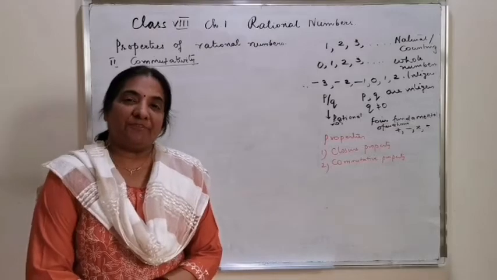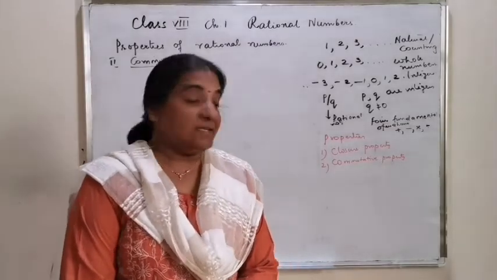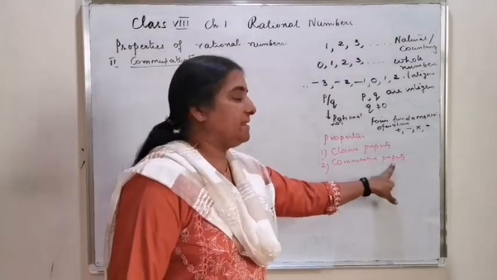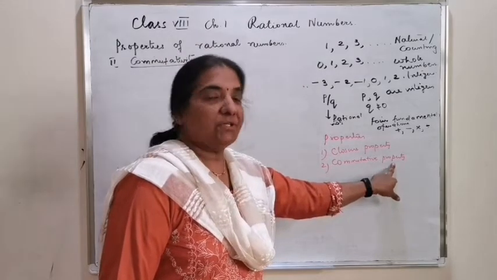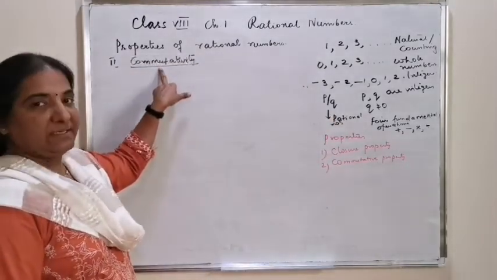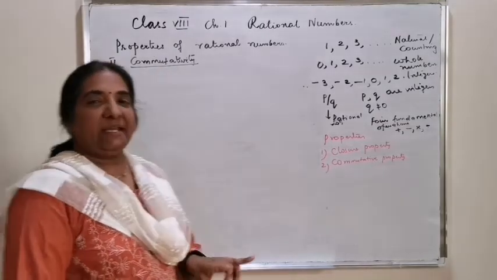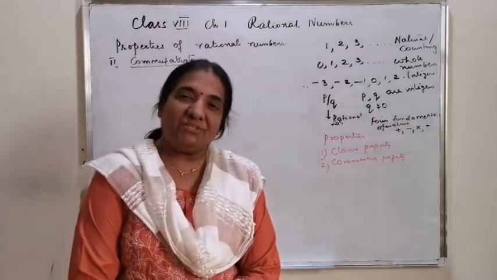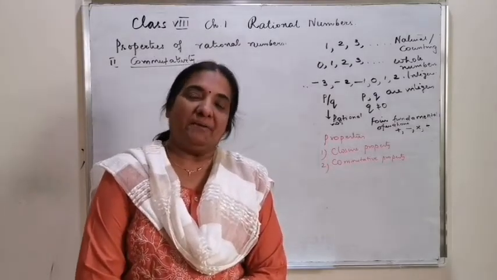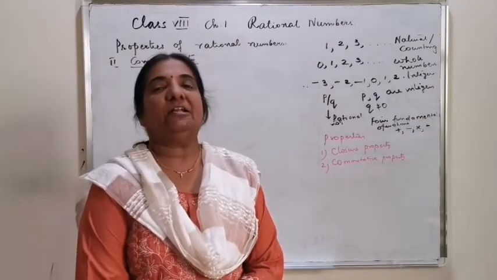The second property to be checked is the commutative property, that is, we are checking the commutativity of numbers. The meaning is you can change the order of the numbers in the particular operation.